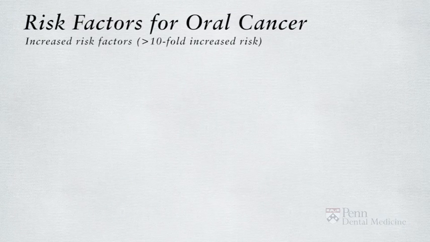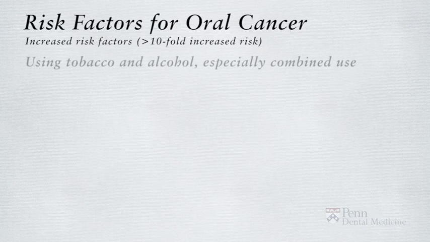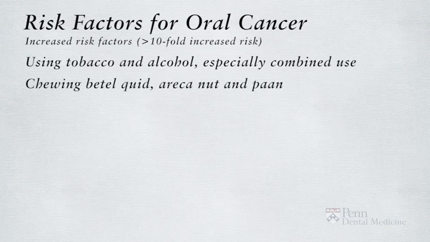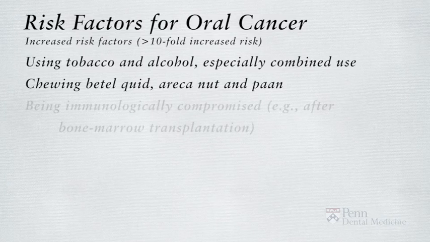The risk factors for oral cancer include some very strong risk factors, and that being the use of alcohol and tobacco, particularly when they're combined. Other very strong risk factors include the use of betel nut or quid or pon that's used in certain parts of the world.